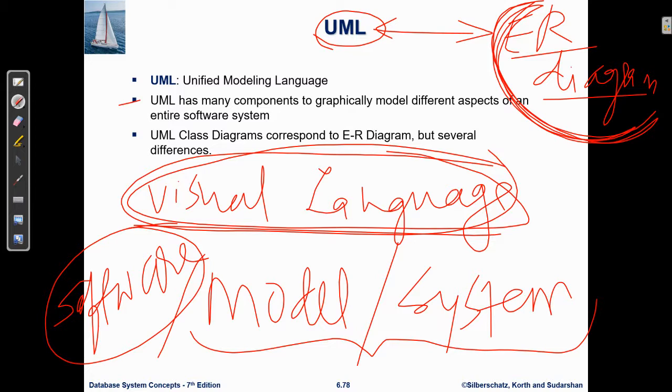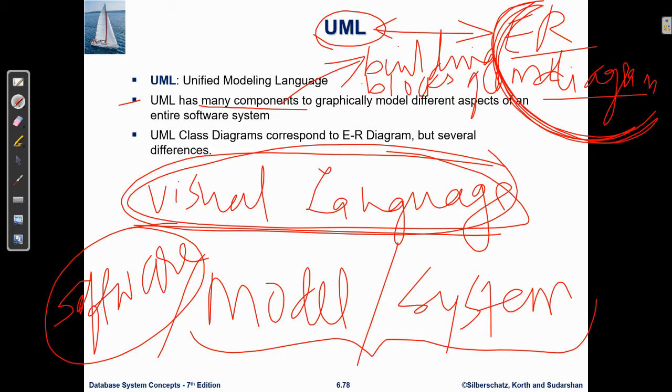Under these many components, we will be seeing the heading building blocks, the important building blocks of UML. Building blocks of UML में हम देखेंगे what are the different components, and how they are connected with each other, or how the relationship is shown.